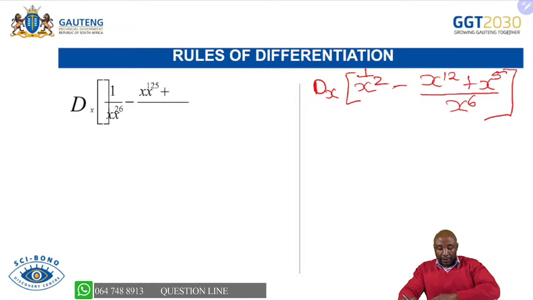Let's quickly find the derivative using the rules of differentiation. I will give you 2 minutes to work on this one, as you need to do some bit of work before you can work on it.